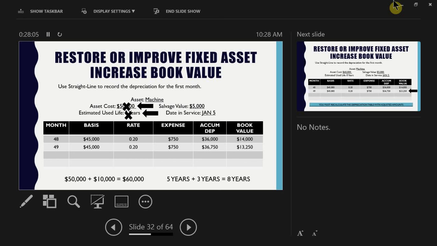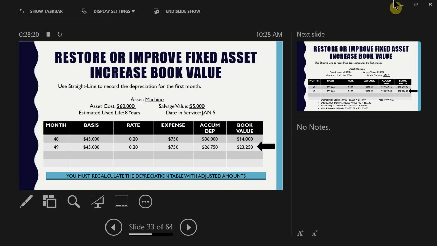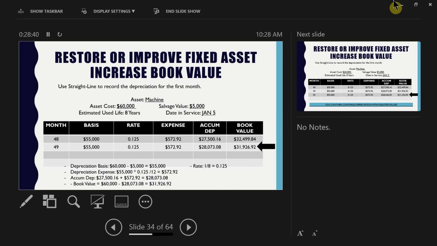Therefore, I'm going to increase it to 60,000. And because now the life is extended by 3 extra years, I'm going to also add that 3 extra years to its life. So then now my new depreciation table is going to be 60,000, right? Giving a remaining balance of 5,000 salvage value, but it's going to be in the span of 8 years. So that means I have to recalculate this entire table because now I have brand new numbers.